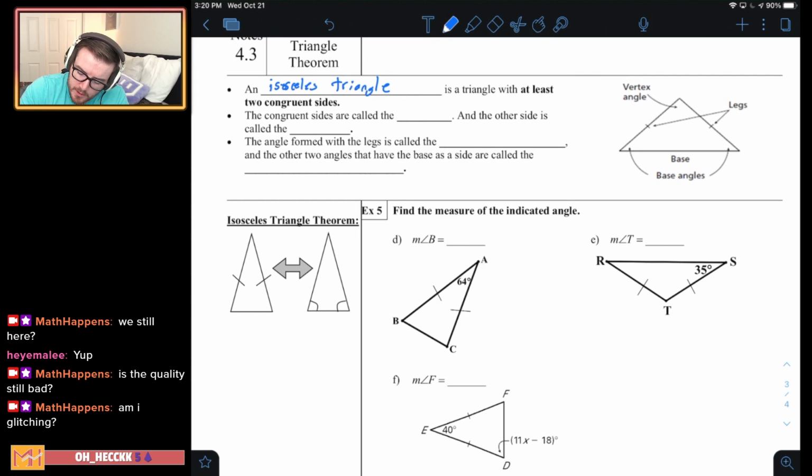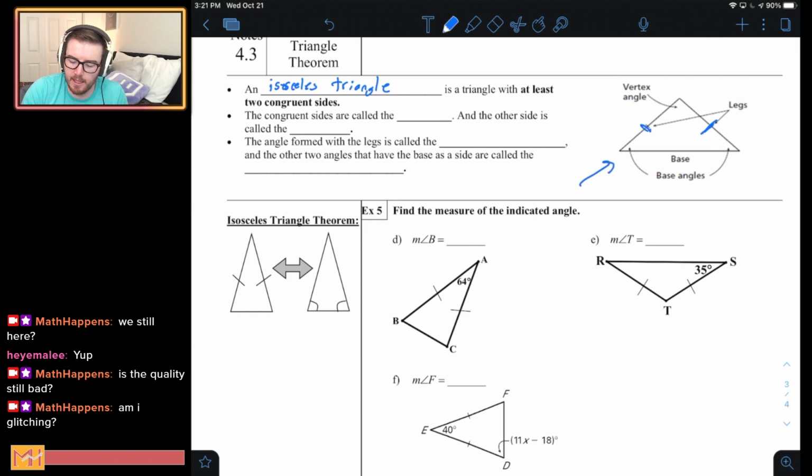Congruent meaning equal, so this side is the same as this side. So the left and right are the same, but the base might be different. Or the left and base might be the same, but the right might be different, right? Two out of the three need to be the same.